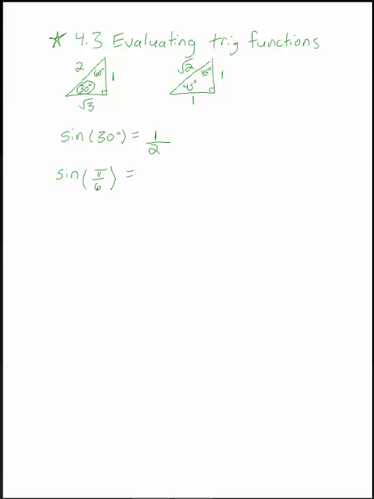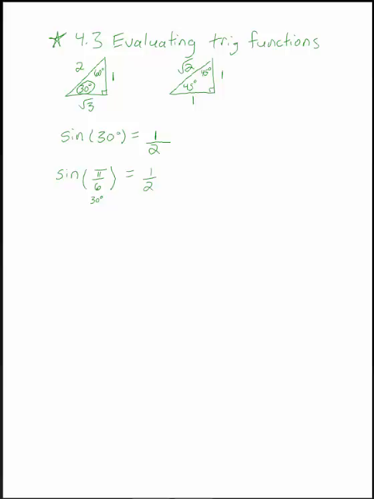A lot of times I'll write the degree measurement underneath the problem. You might want to do that too, until you get so good that you know that pi over 6 is 30 degrees without even thinking about it. It's a good practice to have in the beginning, I find. Then I would just find the sine of 30 degrees, which I've already done. That's just 1/2.